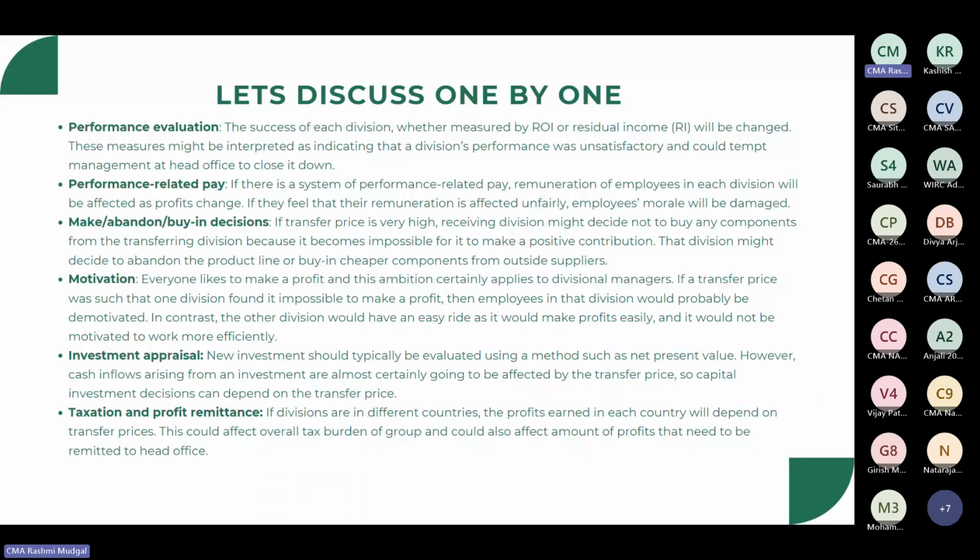Motivation. Everyone likes to make a profit, and this ambition certainly applies to division managers also. If a transfer price was such that one division found it impossible to make a profit, then employees in that division would probably be demotivated. In contrast, the other division would have an easy ride as it would make a profit easily, and it would not be motivated to work more efficiently.